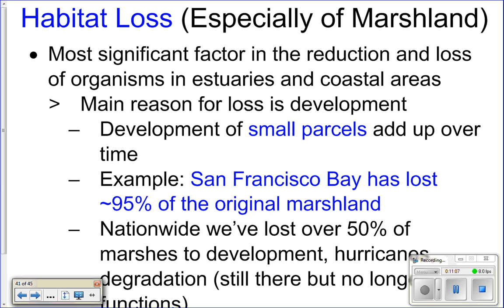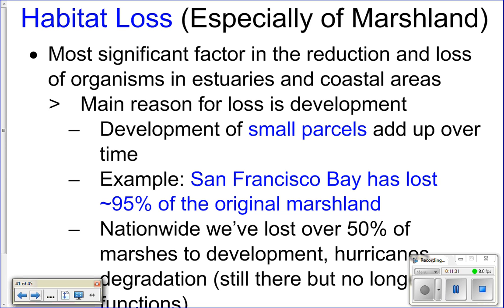Another danger to estuaries would be habitat loss. Most significantly, loss of marshlands, so salt marshes. When we lose marshland, people tend to not just say, oh, here's a big area of marshland, let's fill all of this in and destroy this habitat.